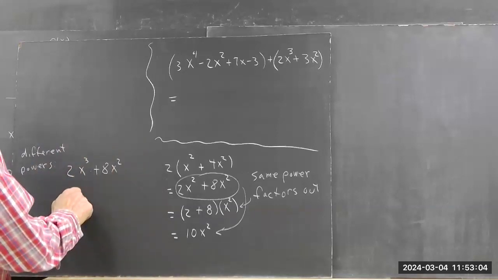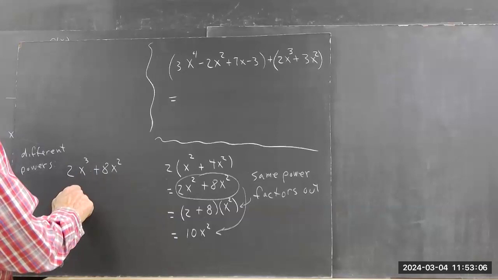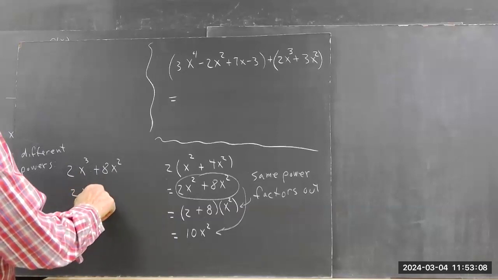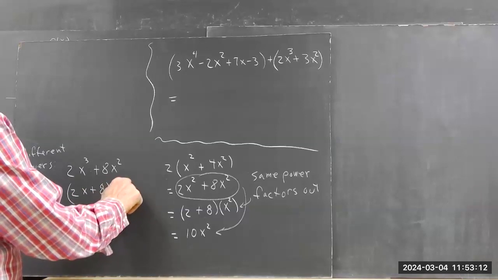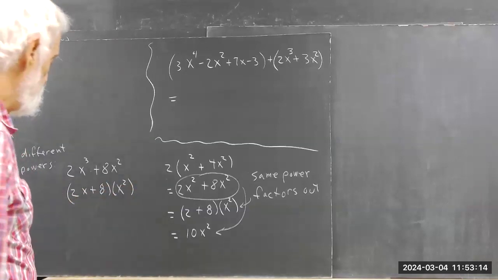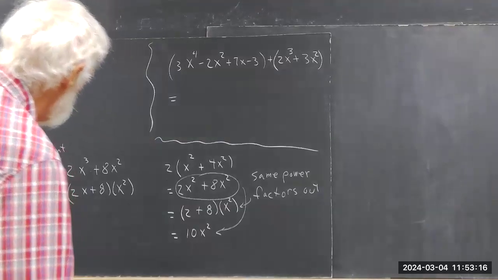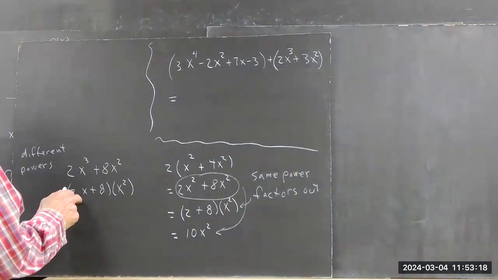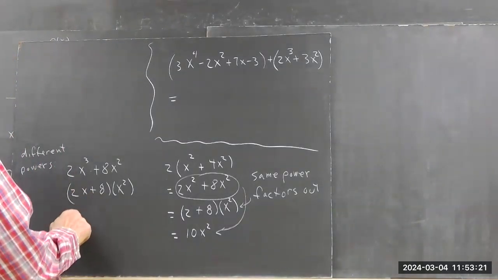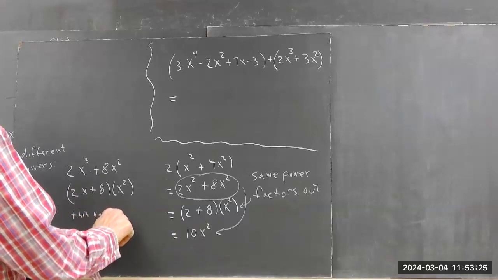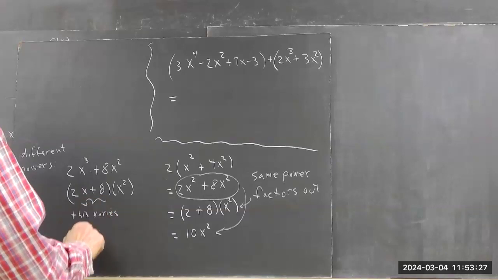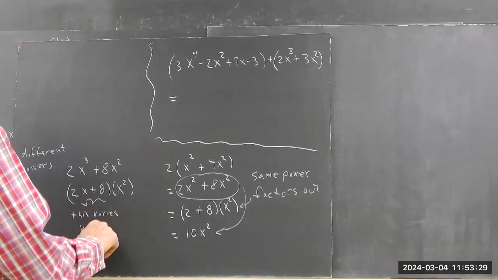Well, what writing this is, we could write this as 2x plus 8 times x squared. Okay. This varies with x.